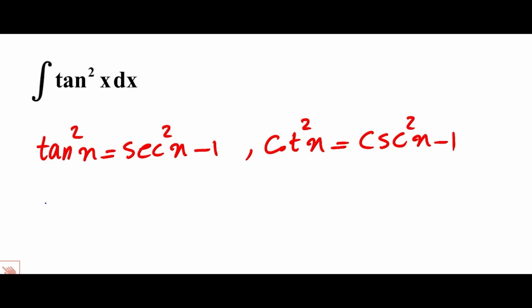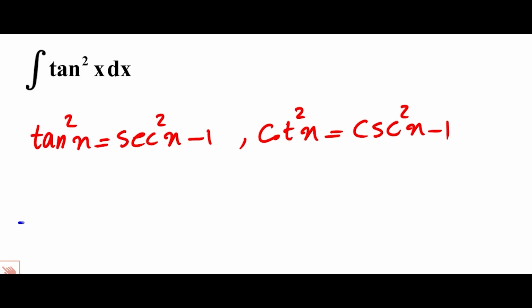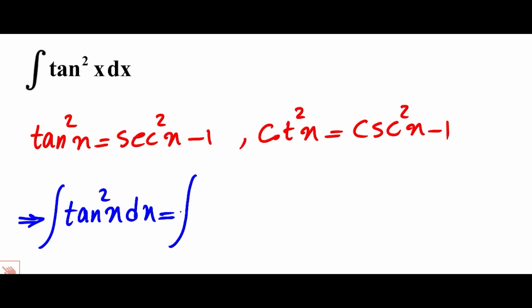Right? Now let us start with the first example, the integral of tangent squared x dx. We use the identity tangent squared x equals secant squared x minus 1. So we have the integral of tangent squared x dx equals the integral of secant squared x minus 1 dx.